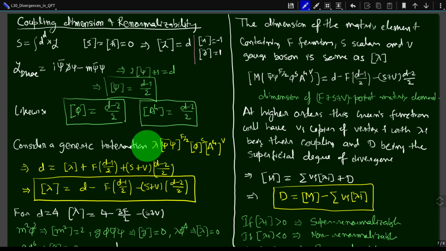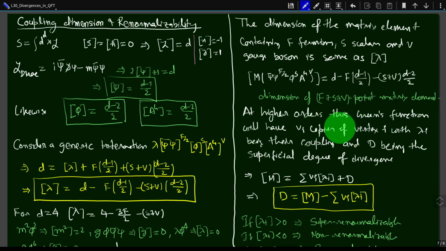So what is the dimension of this? It is the dimension of this hypothetical coupling. So the dimension of the matrix element with f fermions, s scalars, and v gauge bosons is exactly this formula. This is the dimension of the (f+s+v)-point matrix element in a given theory.